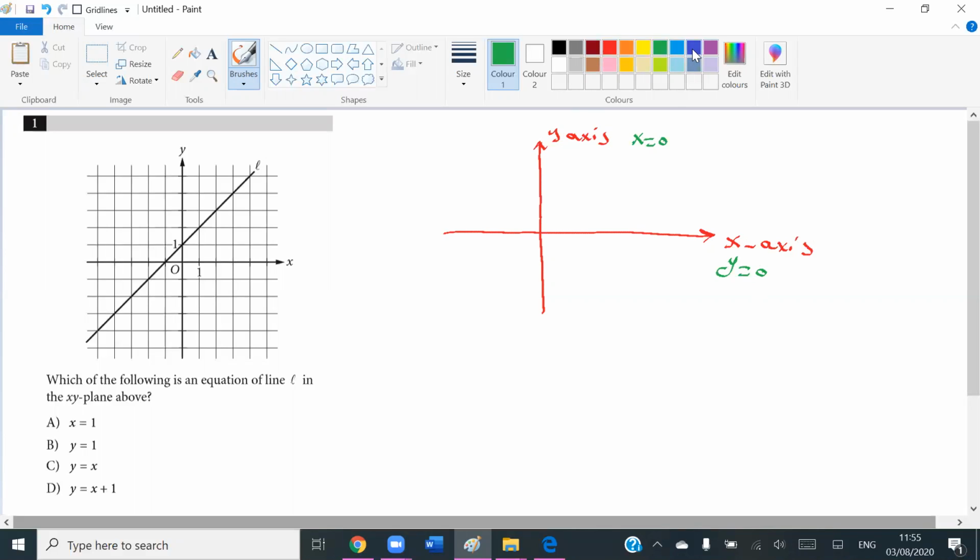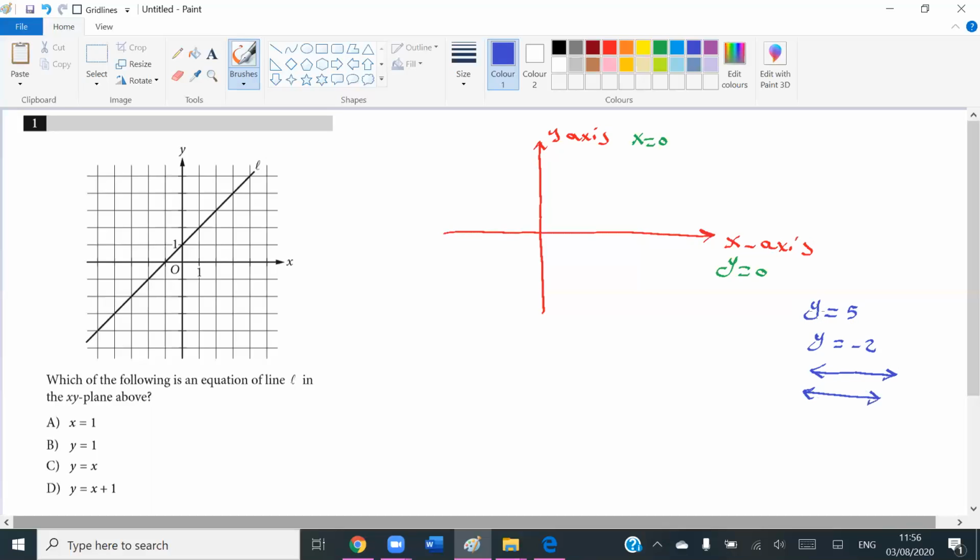When we need to graph any line with only one variable y, say y equals 5 or y equals -2, we don't have x, we have only variable y. In this case, your line will be a horizontal line.